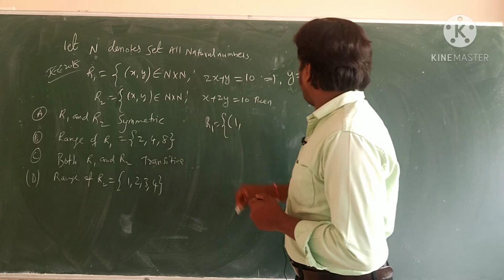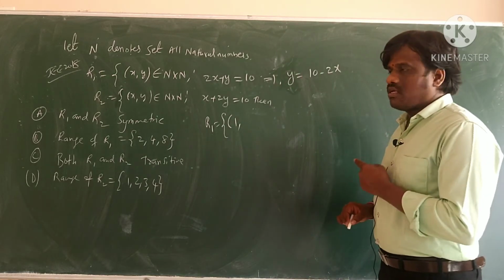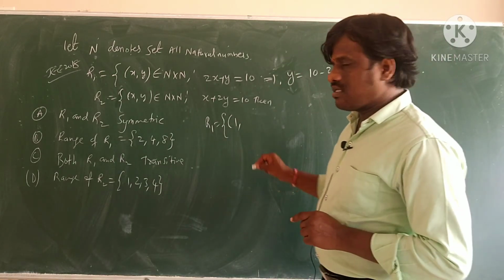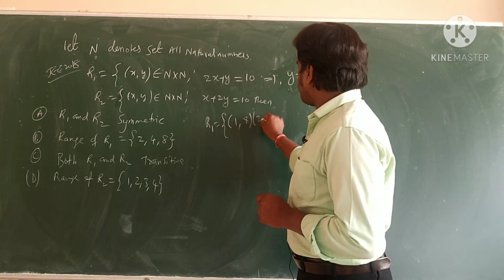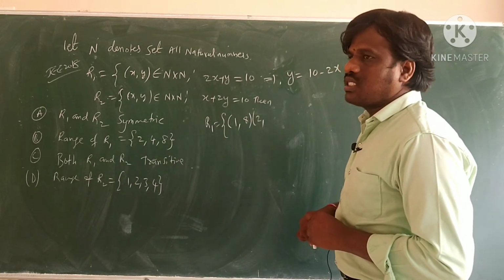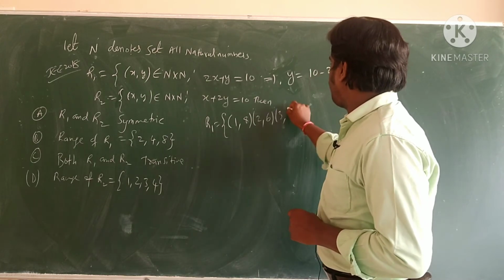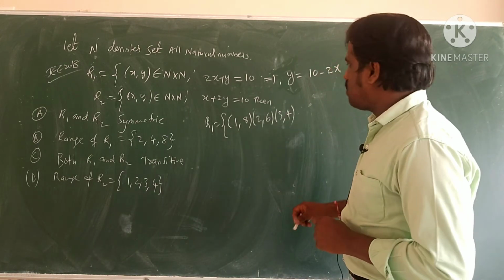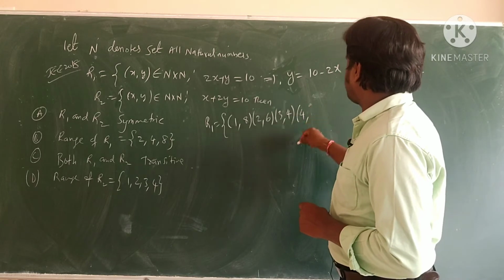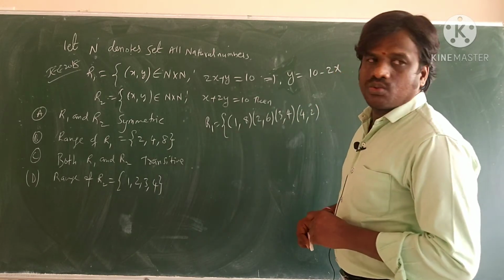If I take x equal to 1, 8 I'll get, right? 8. If I take x equal to 2, 6. If I take x equal to 3, 4. If I take x equal to 4, 2 है ना?